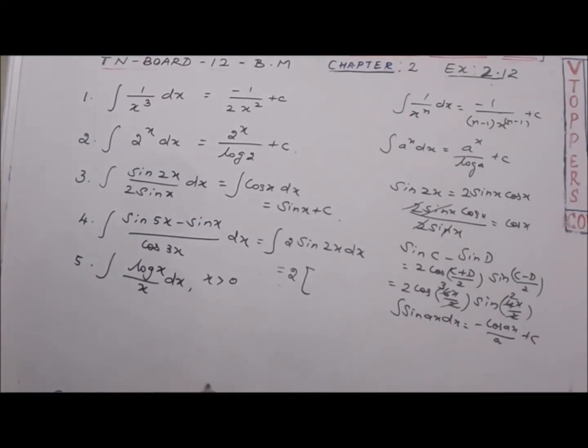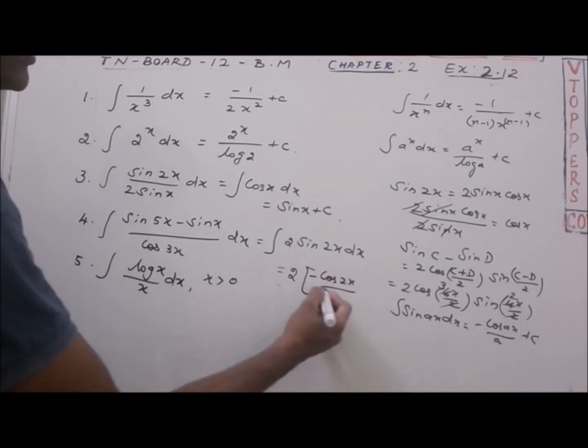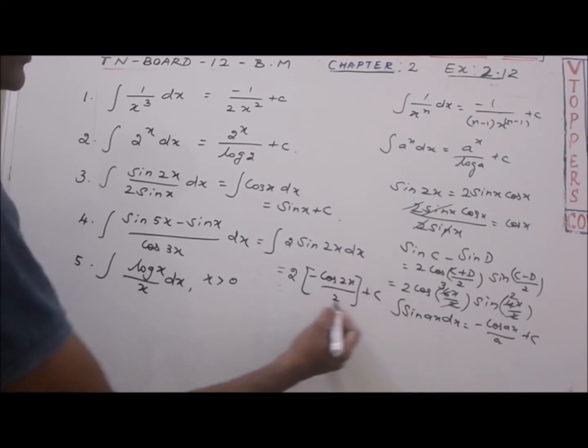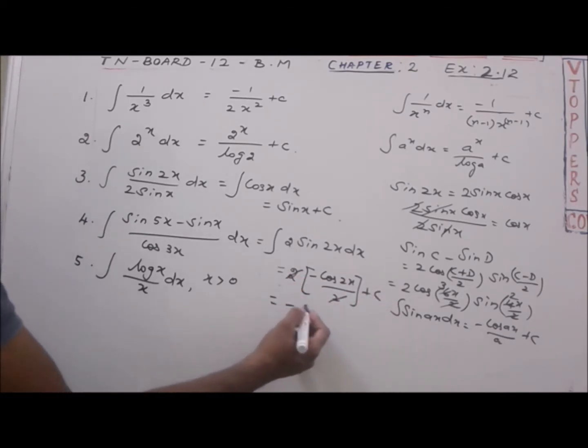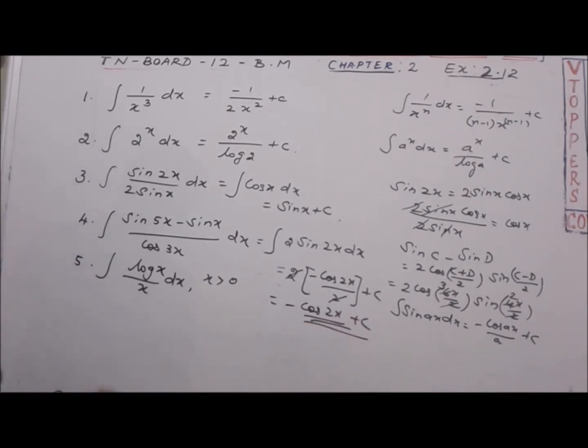Here substituting, 2 into minus cos 2x divided by 2 plus c. Cancel the 2 here, so minus cos 2x plus c. Minus cos 2x plus c is the answer for question number 4.